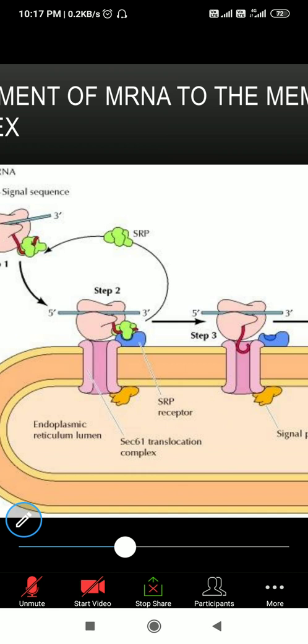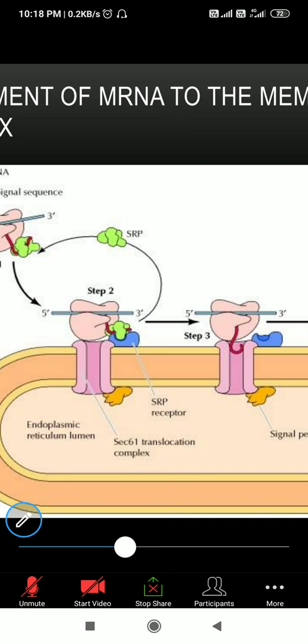In yeast and mammals, SEC61 proteins are closely related to the plasma membrane proteins that translocate secretory proteins in bacteria, demonstrating a striking conservation of the protein secretion pathway in prokaryotes as well as eukaryotes. Means similar types of proteins have been observed in yeast and mammals, and are also present in bacteria.